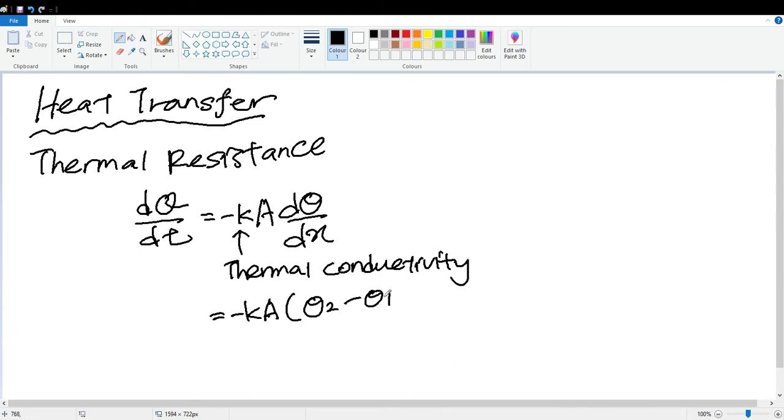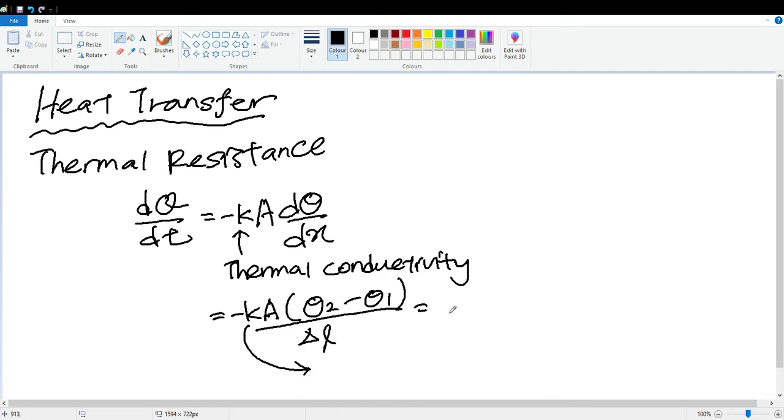And this dx is the change in distance, so I will write this dx as ΔL. What if I move this KA to the lower part?